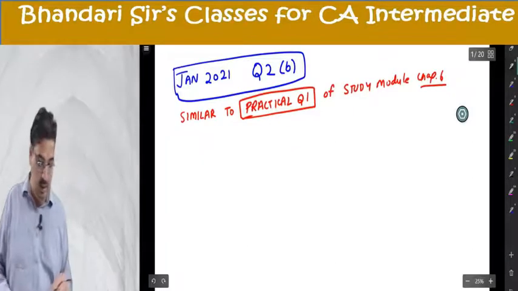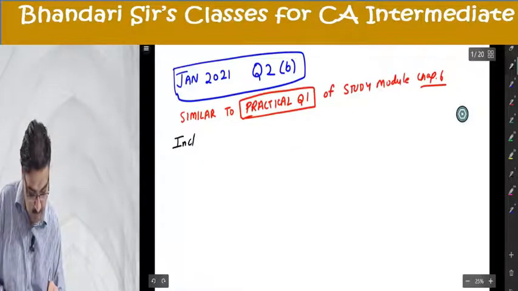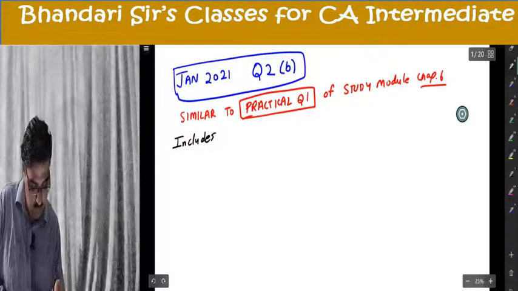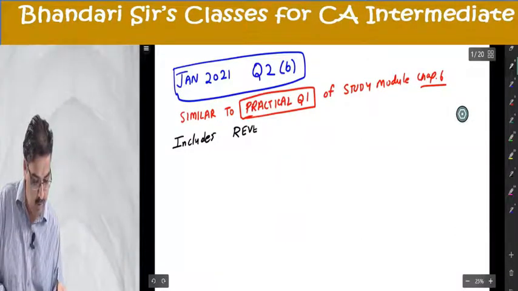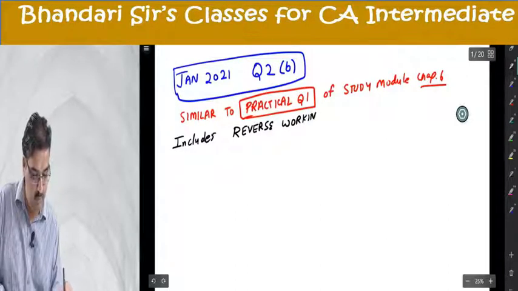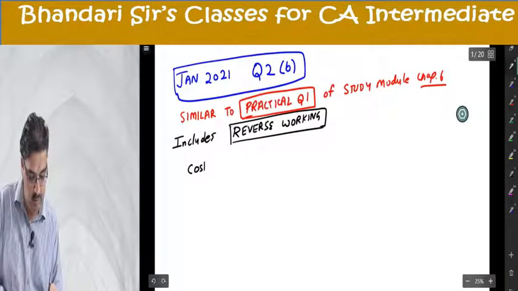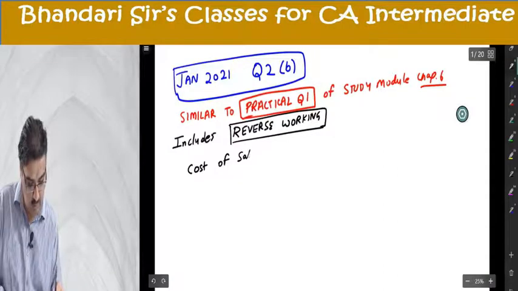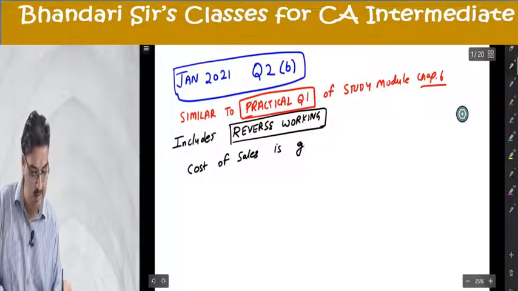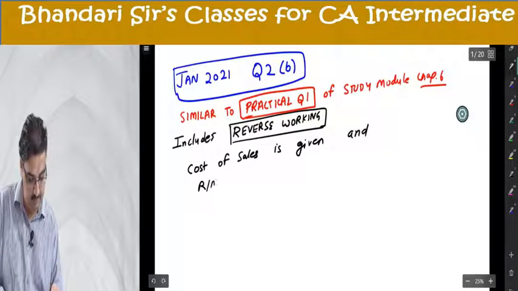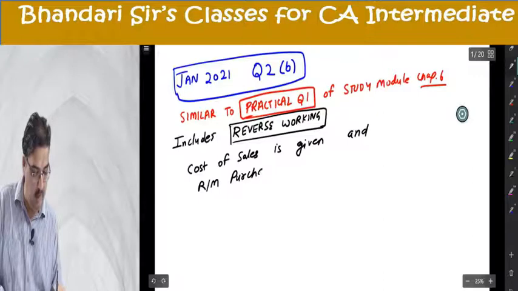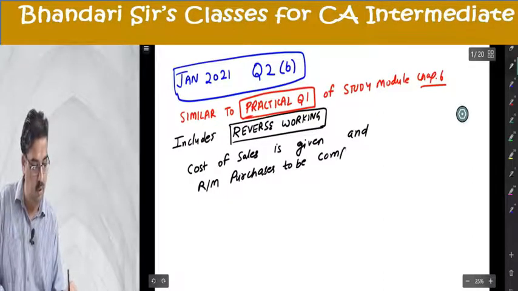Now this question includes reverse working. Why reverse working? Because cost of sales is given and raw material purchases are to be computed.